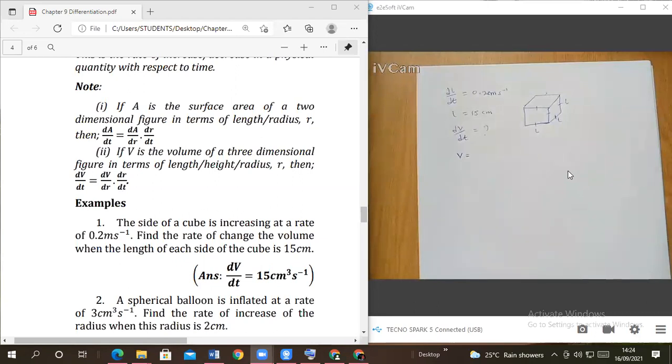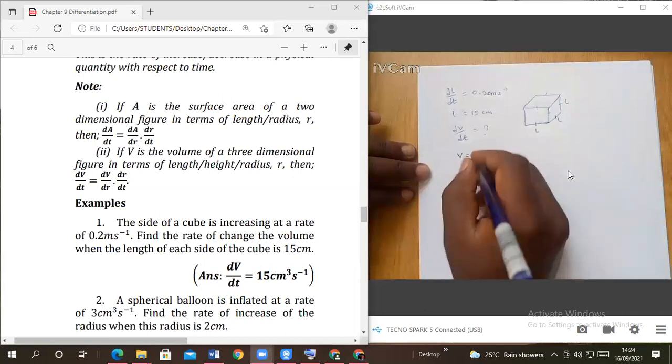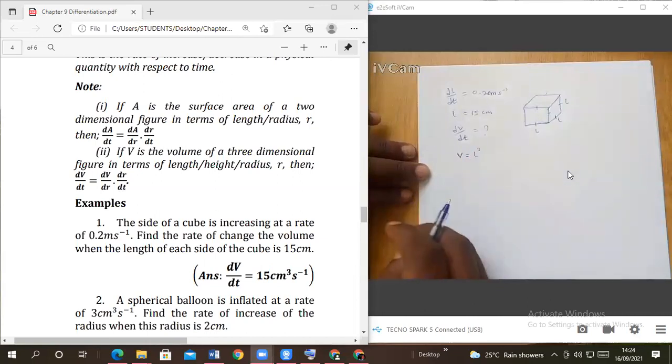I think it's the length, width, and height. Then it gives us length cubed, L cubed. Very good. That is L cubed.